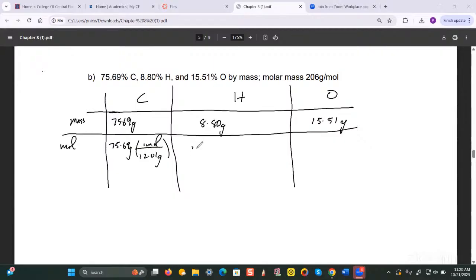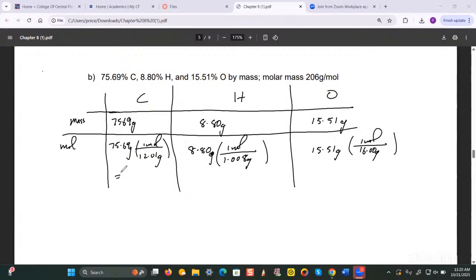We do the same thing for the hydrogen, 8.80 grams multiplied by 1 mole divided by 1.008 grams. And then finally, in the case of oxygen, it's 15.51 grams multiplied by 1 mole divided by 16.00 grams, all right? So we have to work out each of these.